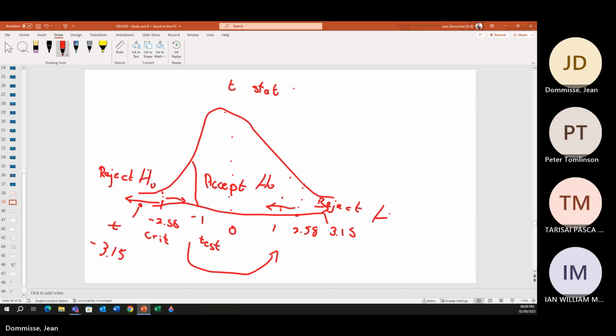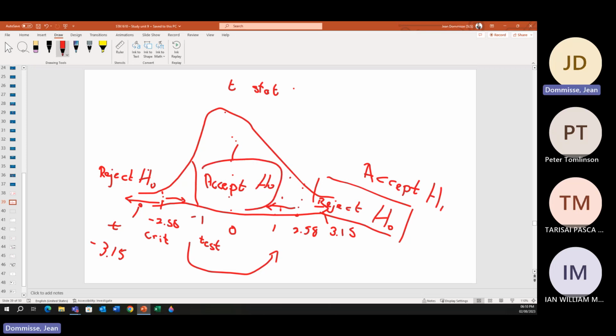Okay, so this is the most difficult part of hypothesis testing, to understand when you need to reject or accept. And then what they will also do is say, well, rejecting the null hypothesis is exactly the same as accepting the alternative hypothesis.